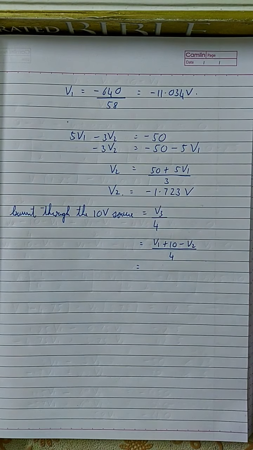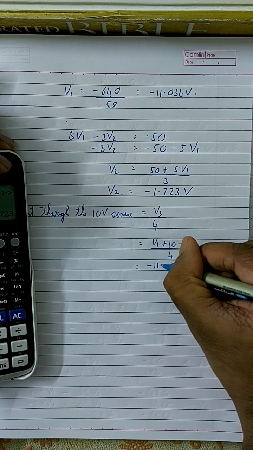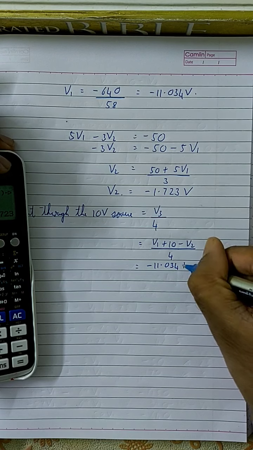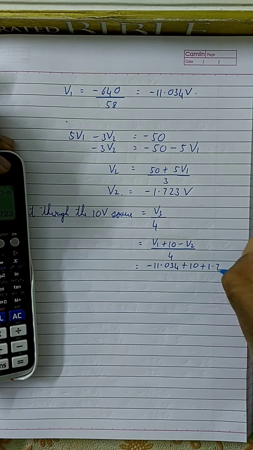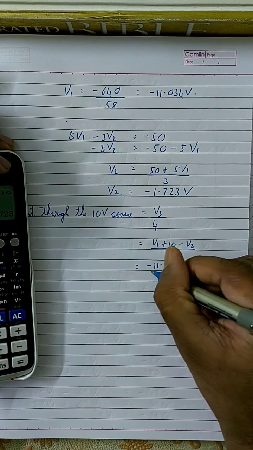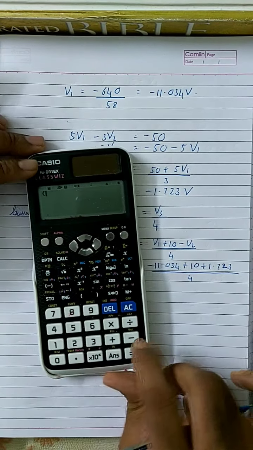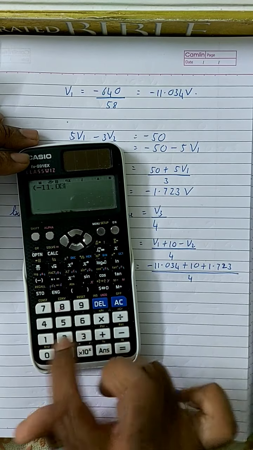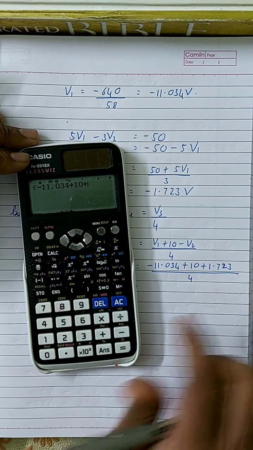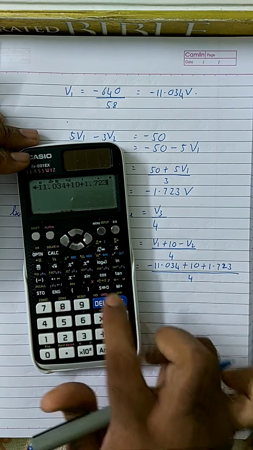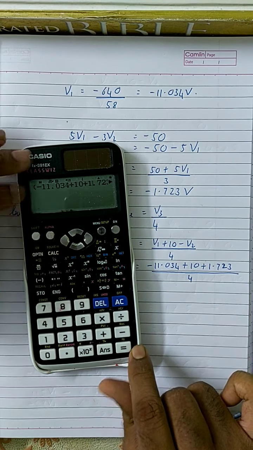So V1 is minus 11.034 plus 10, and minus of minus becomes plus, so plus 1.723, divided by 4. Let me put a bracket: minus 11.034 plus 10 plus 1.723, close the bracket, divide by 4. Let me check if I typed correctly. Yeah, okay.